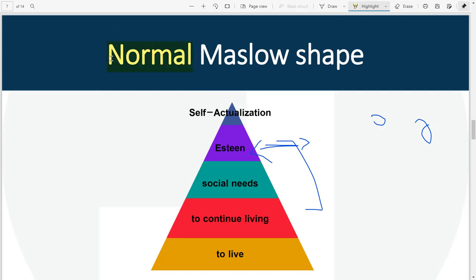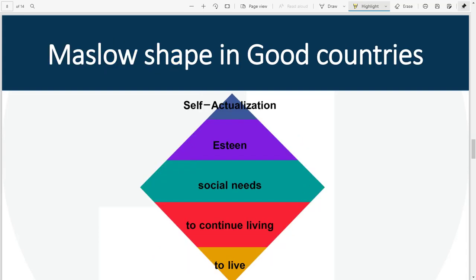But it's not always normal. In most countries, the Maslow hierarchy is like this. For some people, this yellow part is less than this, then the red one, and this is the biggest. For some people, this is the biggest one. The shape is different for different people.